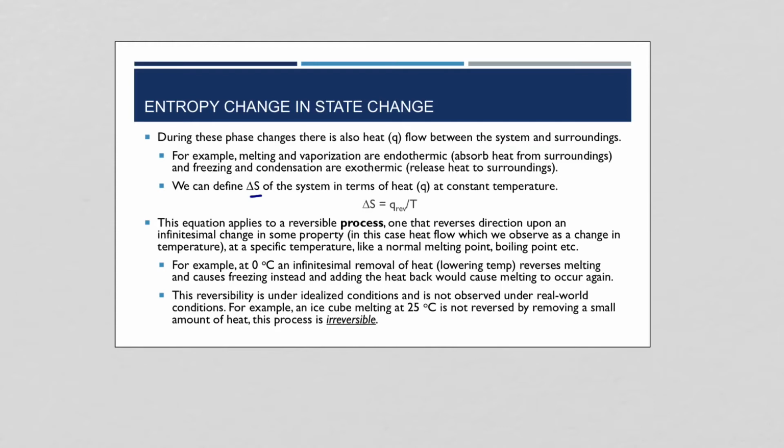So delta S would equal the amount of heat divided by whatever that temperature might be. Now, this equation, while useful, is a very specific equation, and it only applies to a, quote, reversible process.